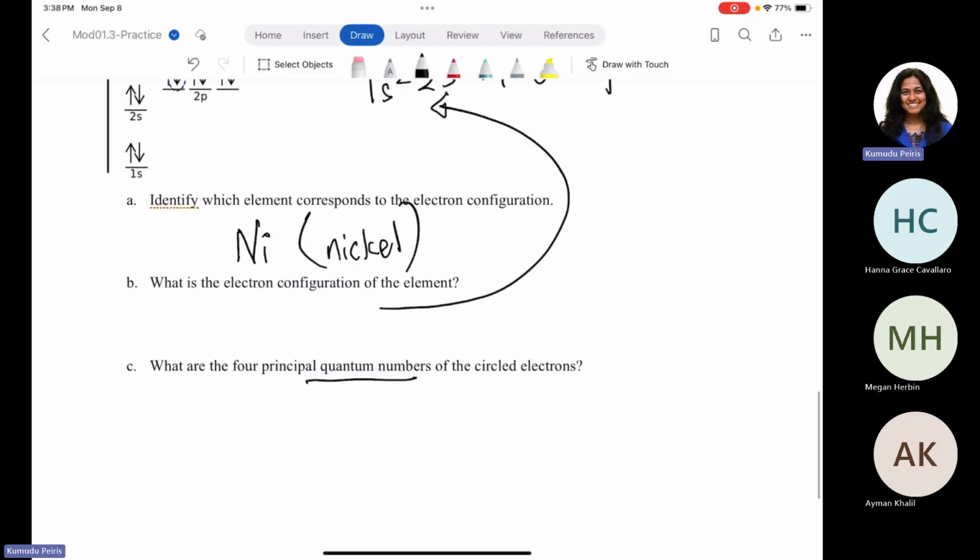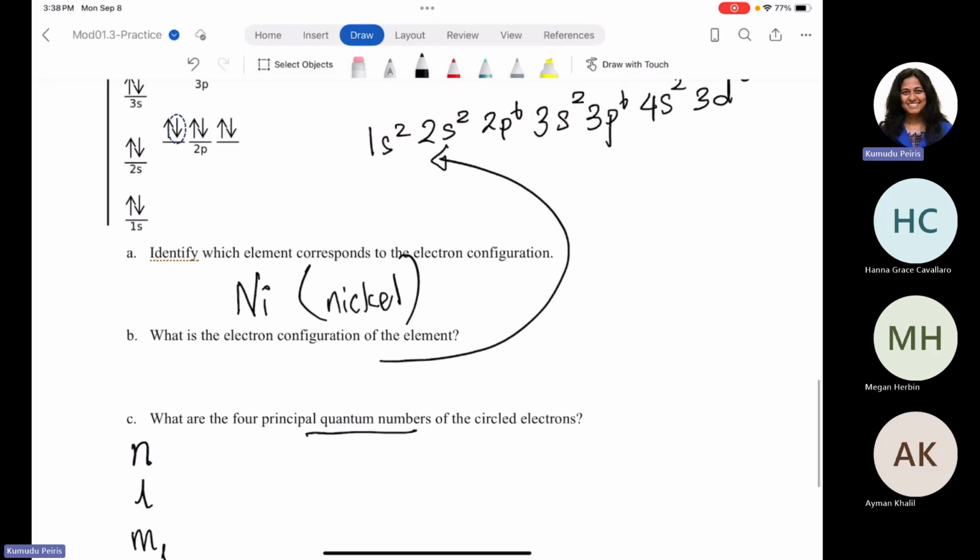There are 4 different quantum numbers: n, l, ml, and ms. N is the principal quantum number, L is the angular quantum number, ML is the magnetic quantum number, and MS is the spin quantum number. N is actually the energy level.